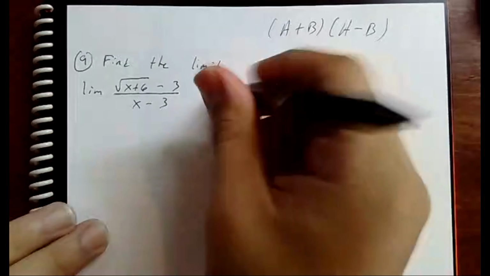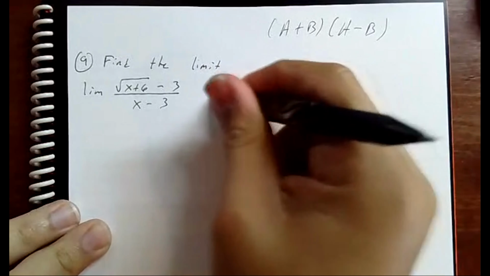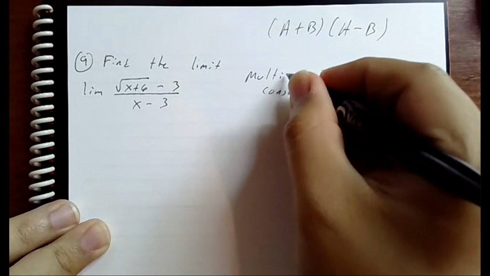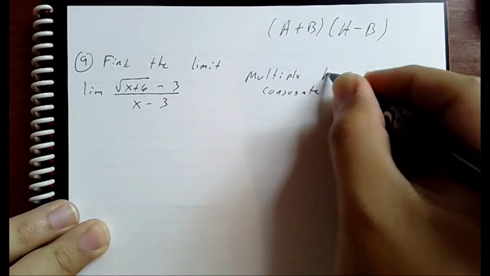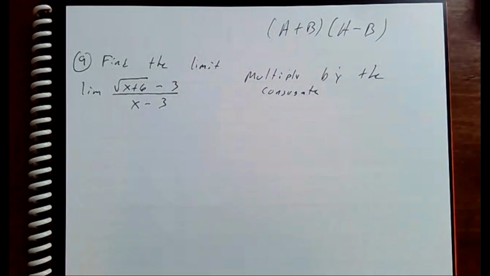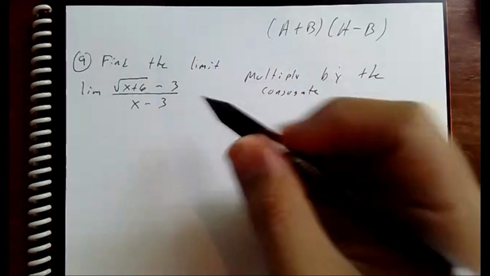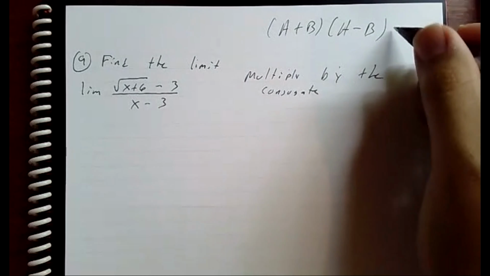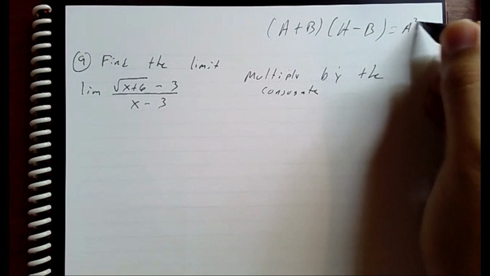Okay, so I should probably rephrase this: multiply by the conjugate. So you always choose the one with the square root, because when you do a conjugate, you create a difference of squares on purpose.